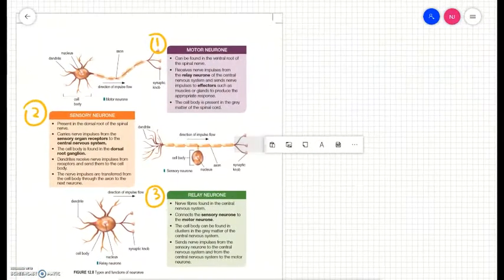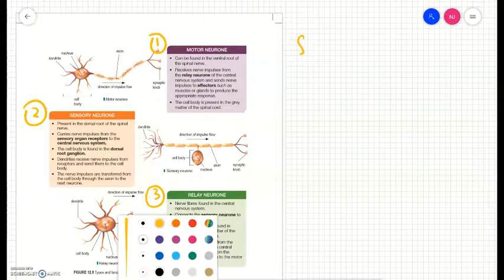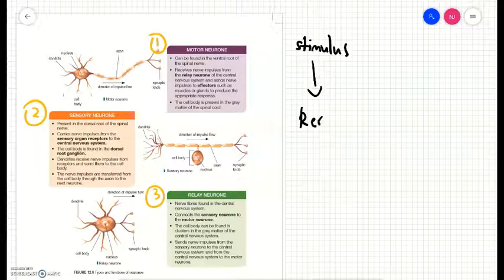Motor neuron is something we will start with. If you can recall, when we learned about coordination, we start with stimulus, rangsangan. Stimulus is detected by the receptor.